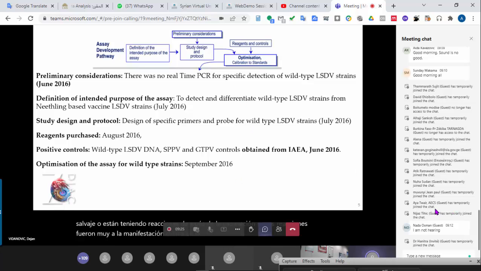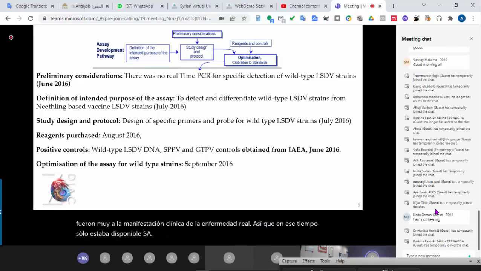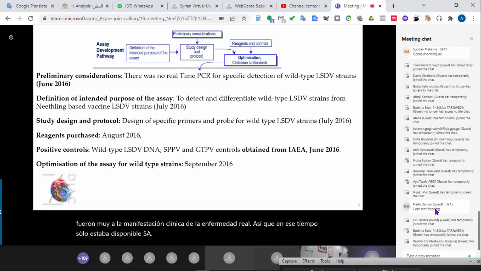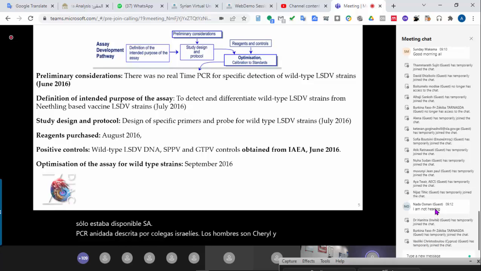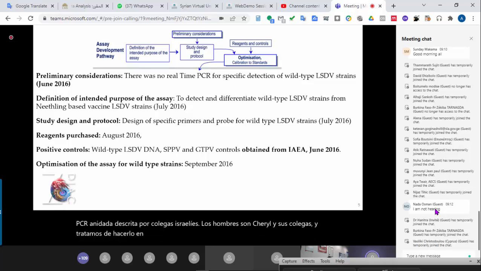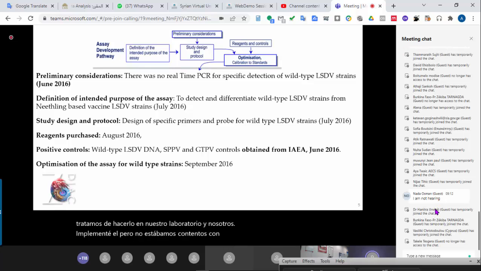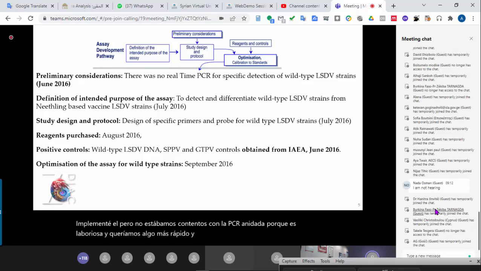At that time, the only available assay was a nested PCR described by Israeli colleagues, Menasherov and her colleagues, and we implemented it in our lab, but we were not happy with nested PCR because it is laborious and we wanted something faster and less prone to contamination during the examination of samples.